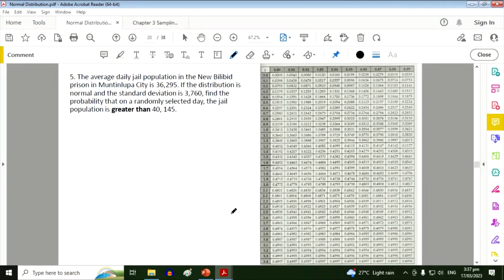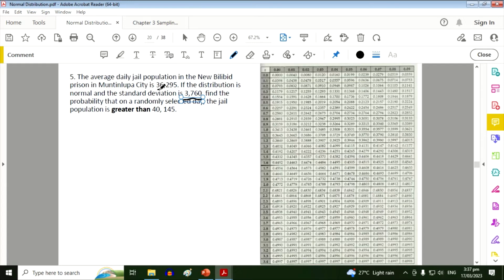Number 5. The average daily jail population in the New Bilibid prison in Muntinlupa City is 36,295. If the distribution is normal and the standard deviation is 3,760, find the probability that on a randomly selected day the jail population is greater than 40,145.